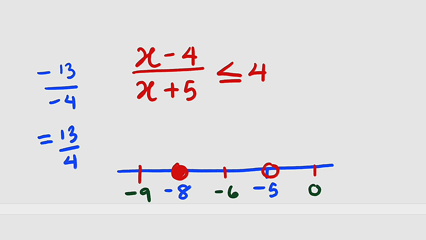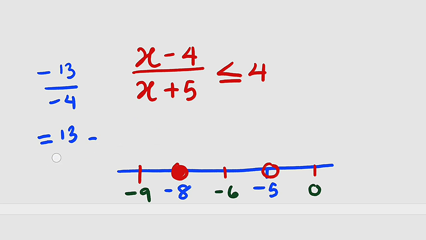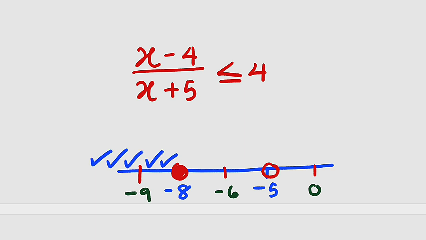And what is 13 divided by 4 in decimal? It is equal to 3.25. And of course, 3.25 is less than 4, right? So all values to the left hand side of negative 8 will satisfy this inequality. So let us tick it.